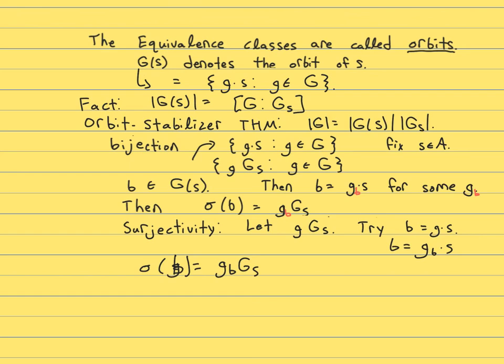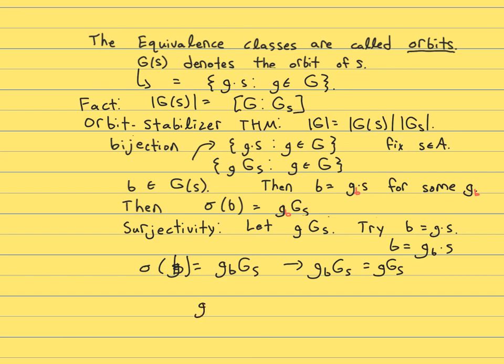So the point is, when you're defining a function, you made choices. And so once you've made those choices, you're required to stick to them. So right now I'm assuming we made some choice already in advance. And so what we need to show is that we're okay, that g sub B of gS is actually the same. That's what we need. So even though we made a choice in advance, it turns out that we actually get what we wanted, that our function is surjective. That's not too hard.